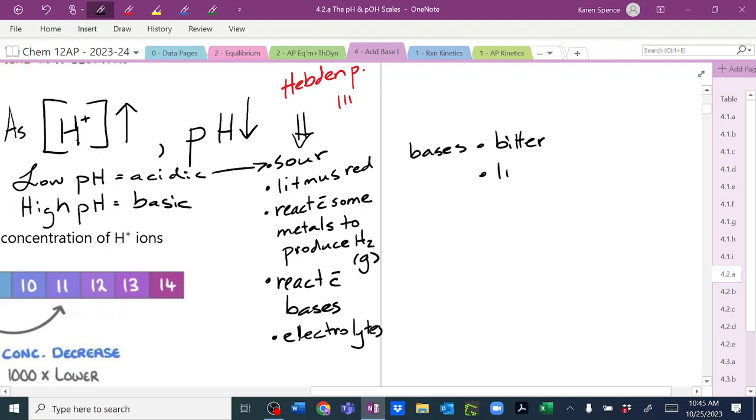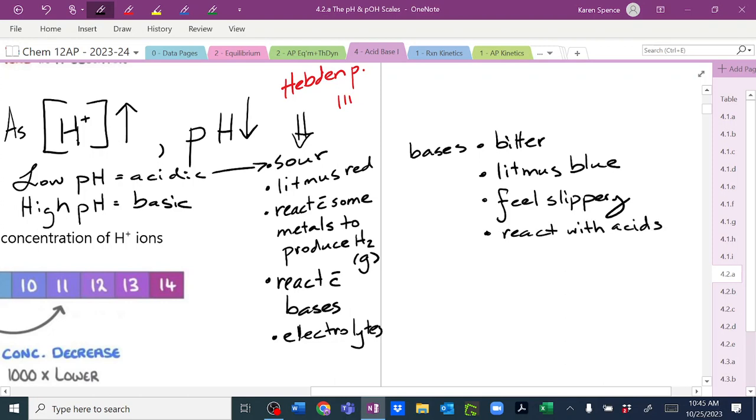They turn litmus blue. They don't have an equivalent for reacting with some metals to produce hydrogen gas, but instead they feel slippery. They react with acids. And finally, they are electrolytes.